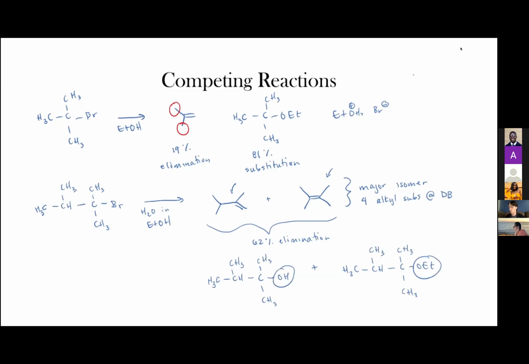Because we have both H2O and ethanol in solution, both of those are competing for that carbon which had the carbocation. So both in this case are able to attack that carbocation. And so these 2 reactions constitute the other 38% of the products. So we have 38% substitution.